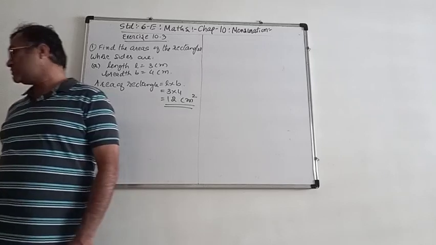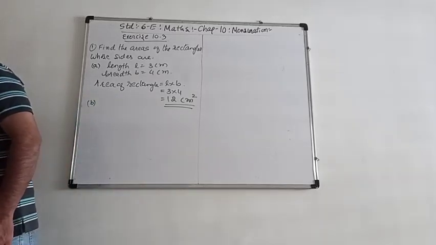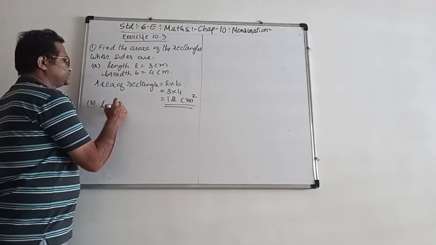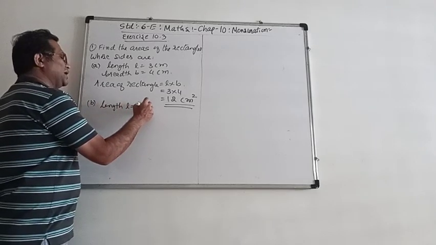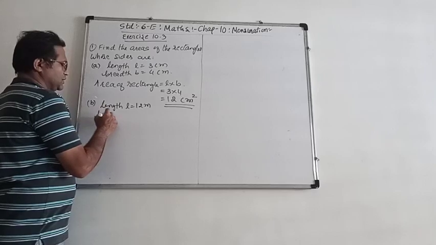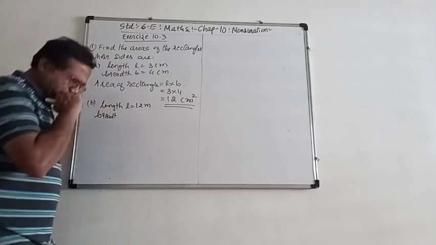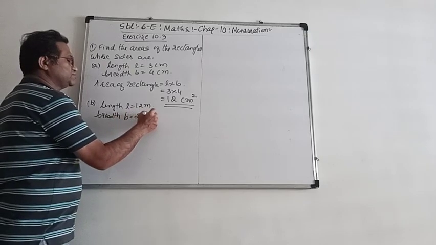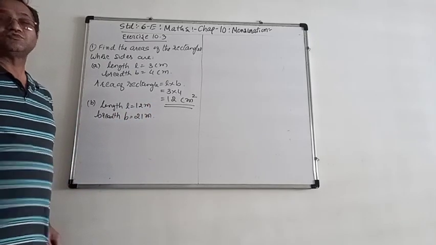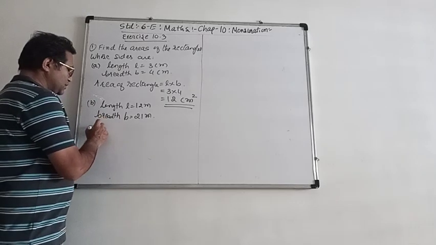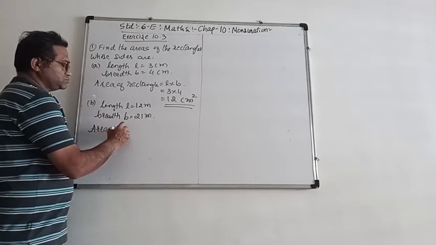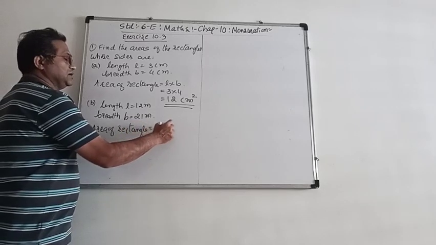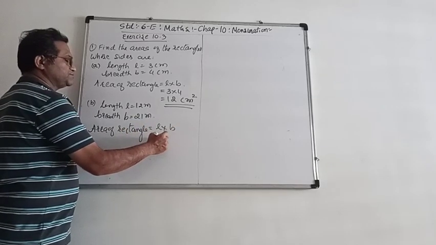The second is given 12 meter and 21 meter. So length is 12 meter and breadth B is 21 meter. Now area of rectangle is length multiplied by breadth.